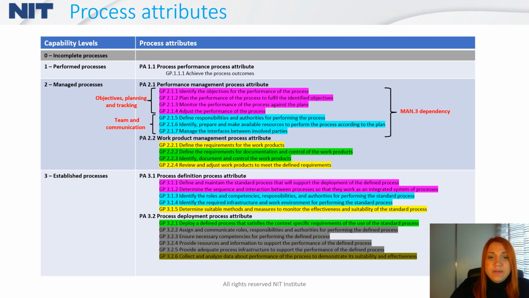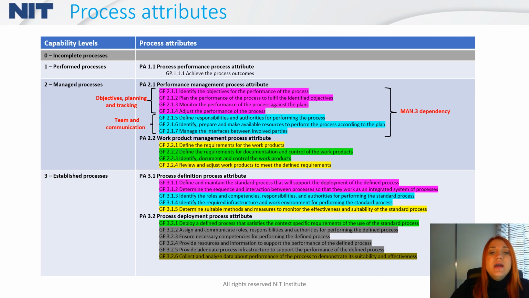Then we have the next group, which I'm calling team and communication. You can see that both of the groups are related to the management process. There are differences, though. In these three generic practices, we have definition of the responsibilities and authorities.